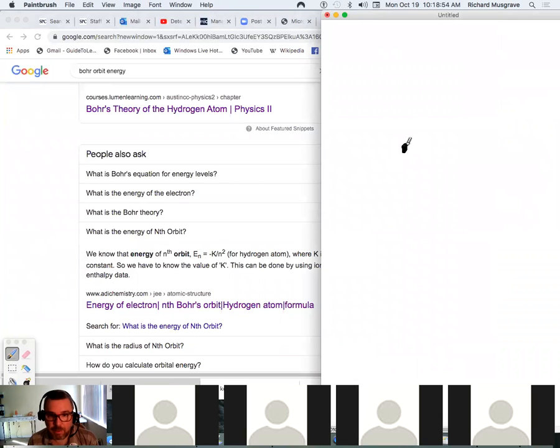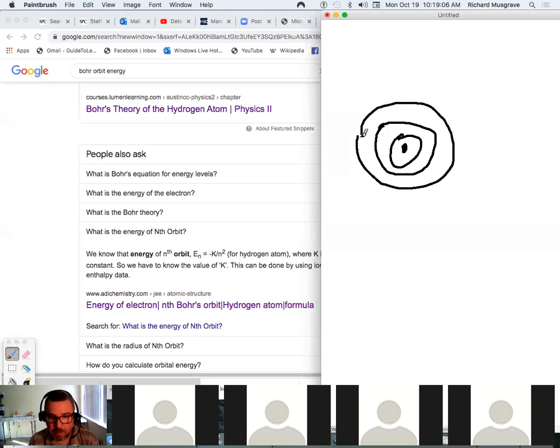But we're all aware of the model that allows us to say, well, we've got all of these electron energy levels, and we've got the nucleus here in the middle. This is actually not a very accurate representation of what's going on. It's a very rough representation, because these levels here represent what we call Bohr orbits.